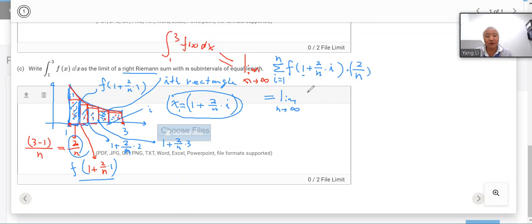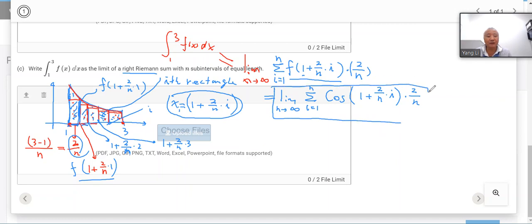And then we have the sum from i equals 1 to n of f, and since f is cosine, cosine of 1 plus 2 over n times i, and then multiplied by 2 over n, like this. So this is called the right Riemann sum.